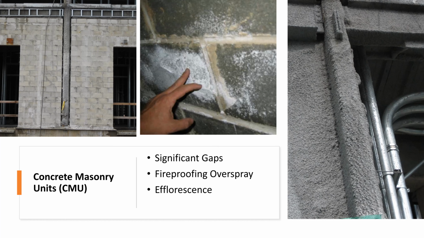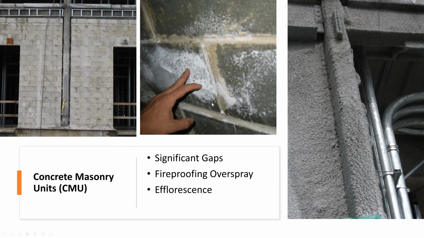So one of the challenges you can have with concrete masonry units is it can look completely dry, but it could be soaking inside. And I'm going to show you a couple pictures a little bit later of how that might manifest itself. But other things that we're going to see, or maybe could be an issue, is where we have significant gaps, right?